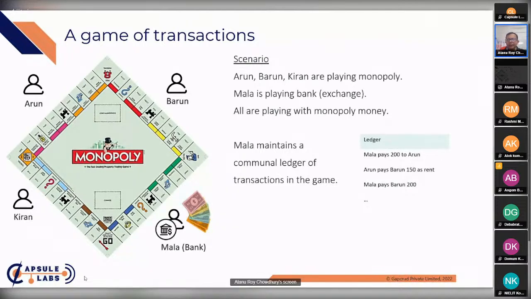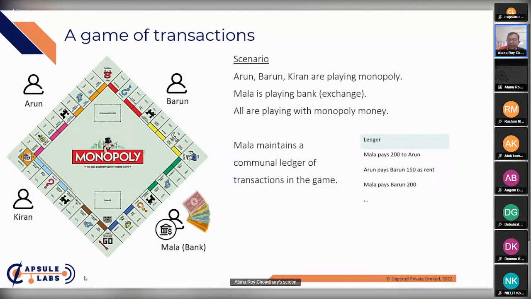And Mala is essentially playing the role of a bank, right? So very familiar example. And all of them are playing with Monopoly money, right? Now you can replace that with pretty much any situation where the currency of exchange is local to that set of transactions itself, right?